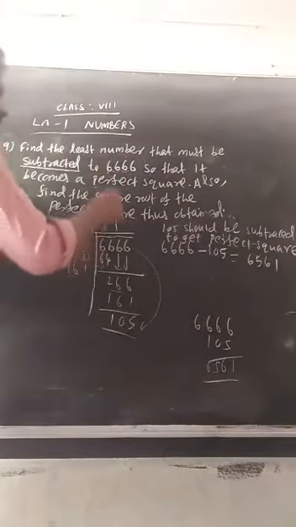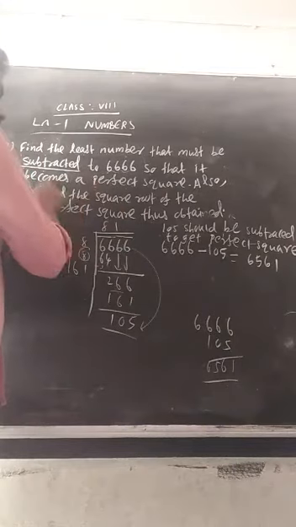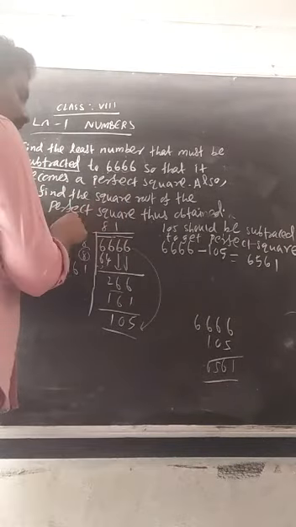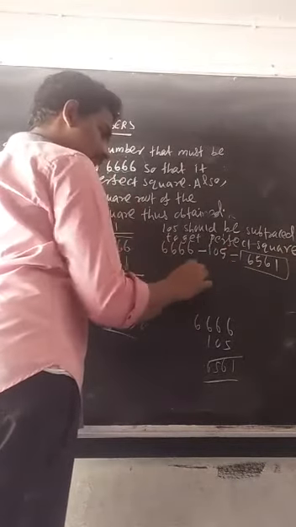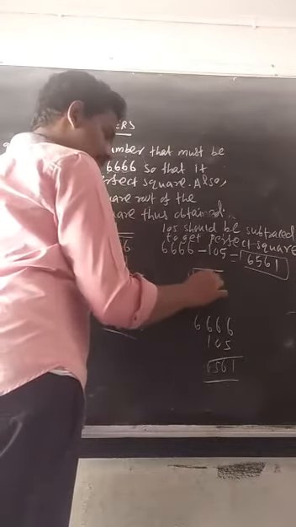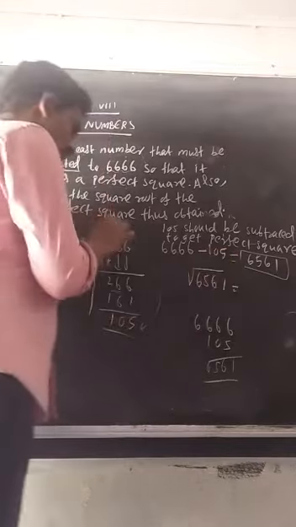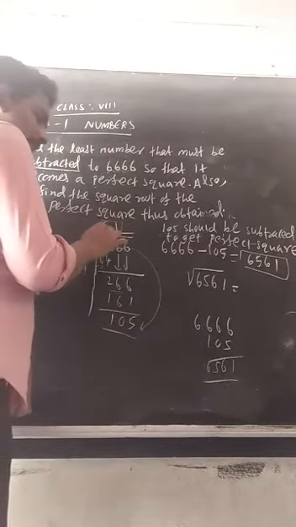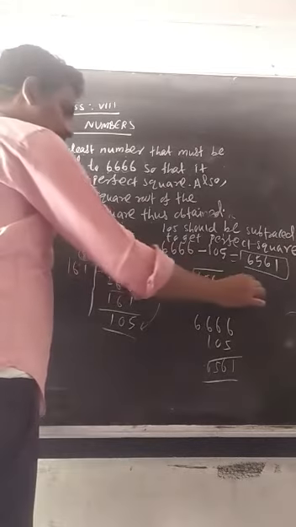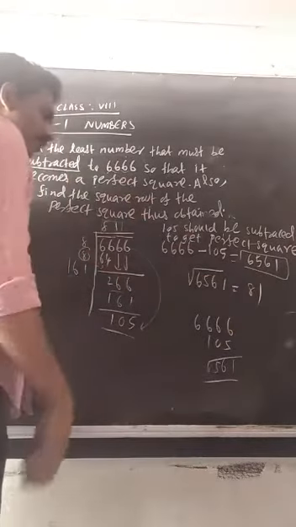So what is the question? Find the square root of the perfect square thus obtained. We have to find the answer for this one. So square root of 6561 equals what? The answer we are getting in the quotient part is the answer. So we can write answer 81.